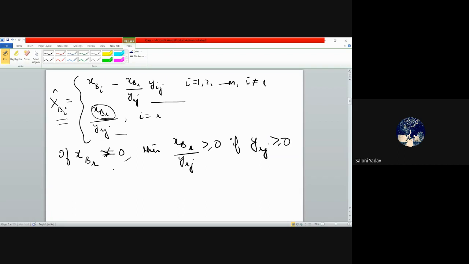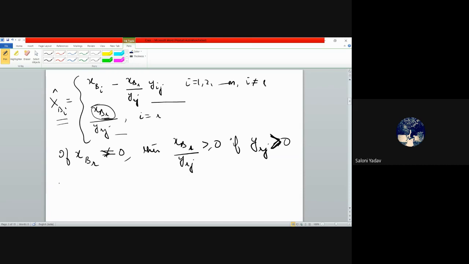So if this is nonzero, and if it is zero then there is no problem, the rest also become zero. But if it is nonzero, when will this term be more than or equal to 0? Since it is in the denominator, I cannot have equality here. So I must have that it is strictly greater than 0. So I must have that my Y_RJ is strictly greater than 0.